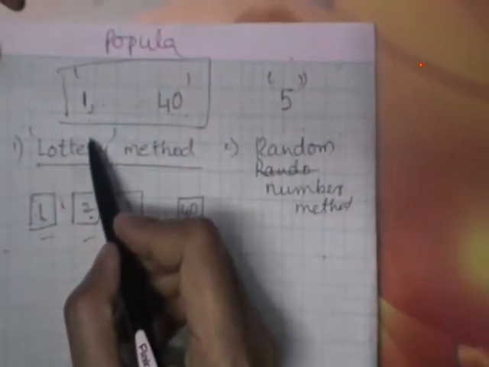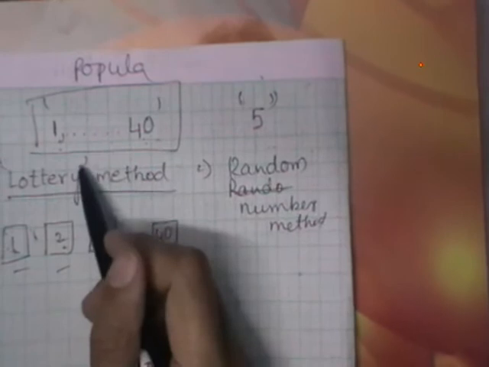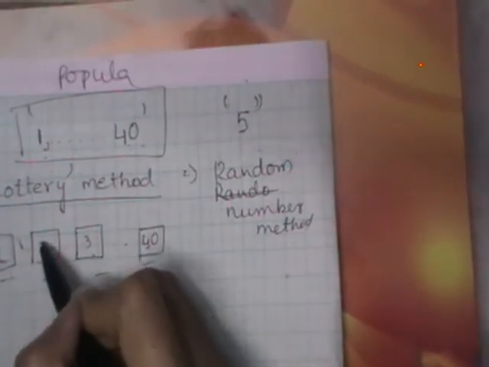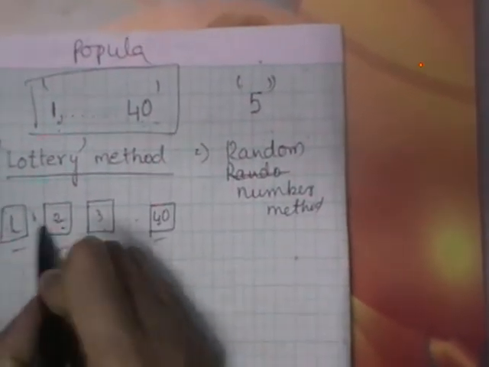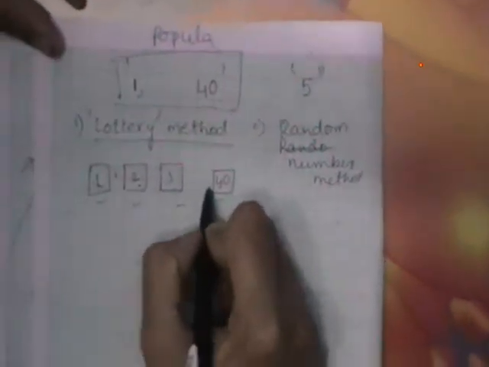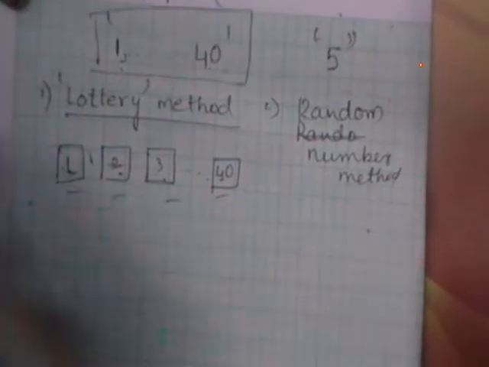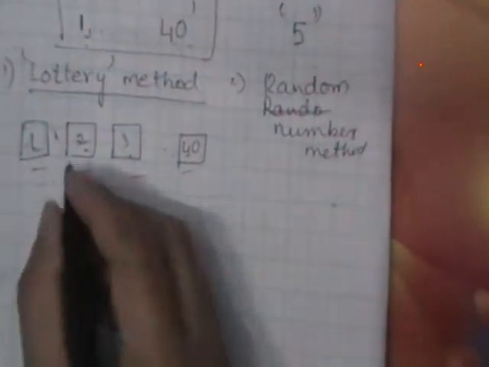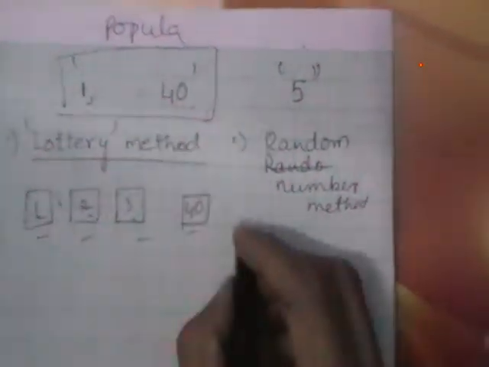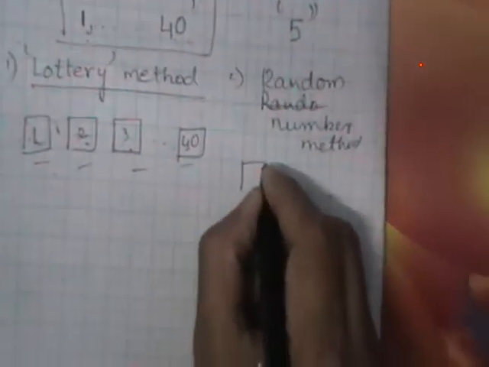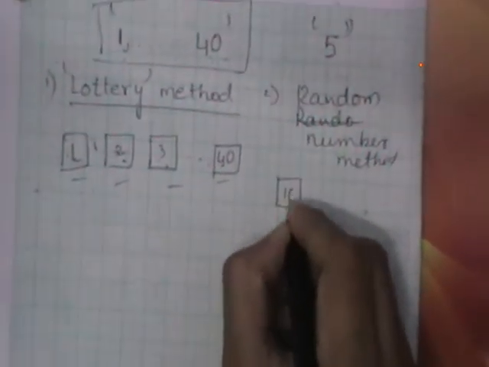Out of these 40 units, you make 40 homogeneous paper slips by writing the roll numbers on each of them, as homogeneous in shape, color and all. Shuffle them, pick up one slip and take out the number. If it is numbered 16, then roll number 16 is to be included in the sample.